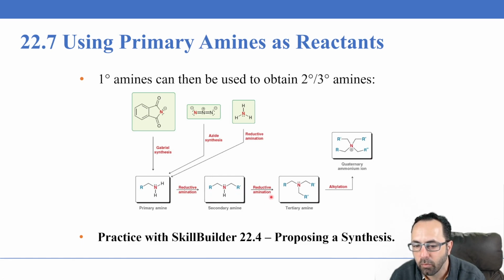We can then perform it again to make a tertiary amine, and then we can alkylate the tertiary amine to produce a quaternary ammonium ion. That is a summary of the additional synthesis possibilities provided by the new amine synthesis reactions that we have learned in this chapter.